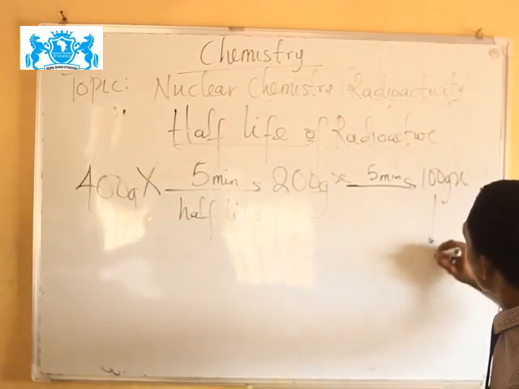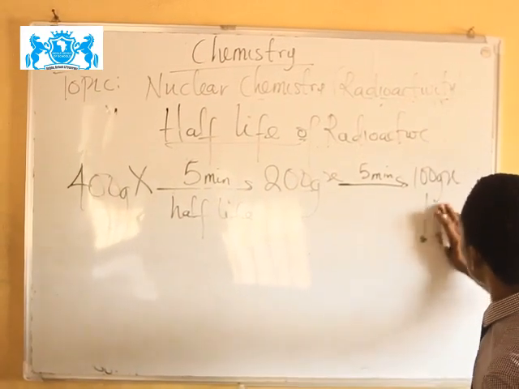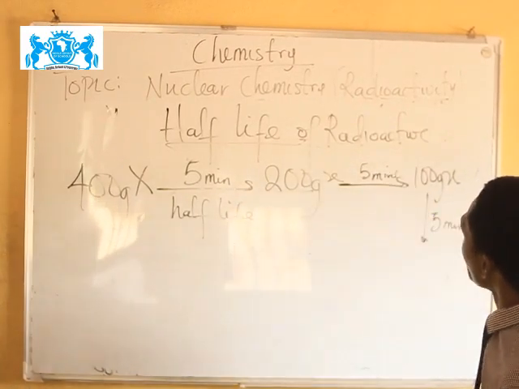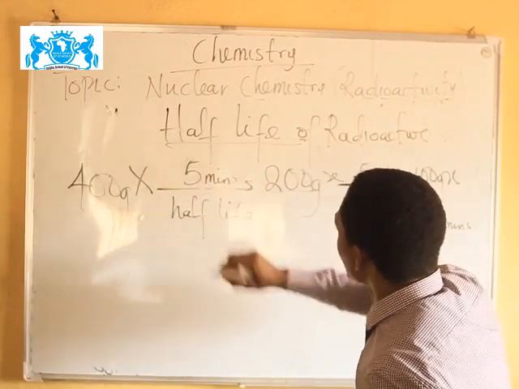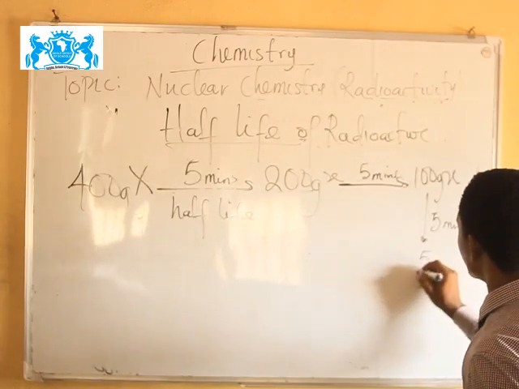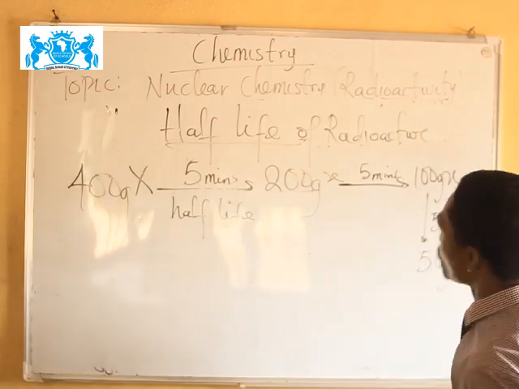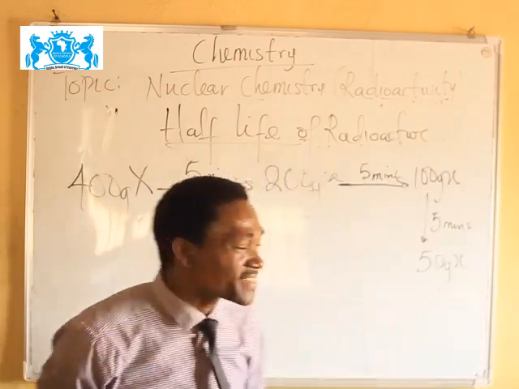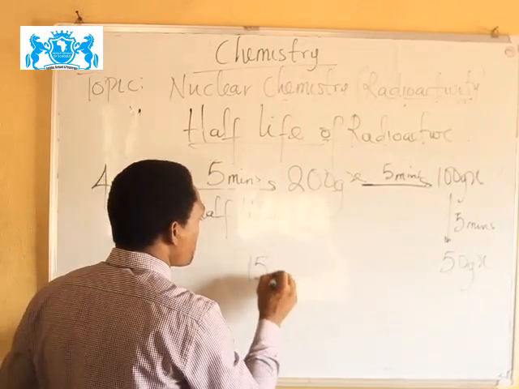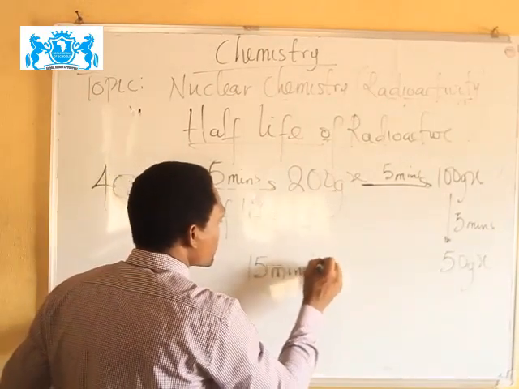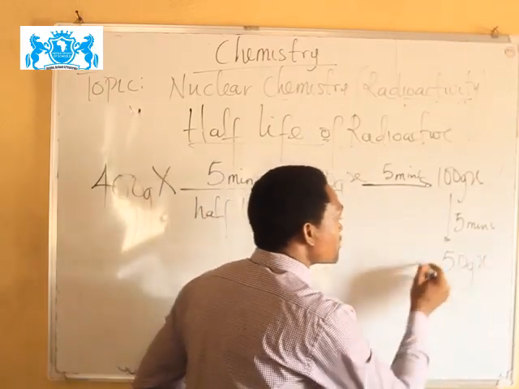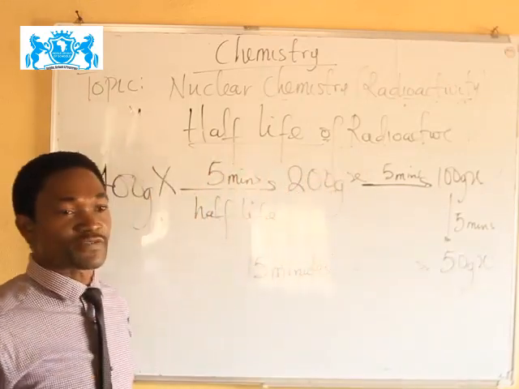After another 5 minutes, that will make a total of 15 minutes, it breaks down from 100 to 50. So the mass that will be left after the total time of 15 minutes is 50 grams of X.